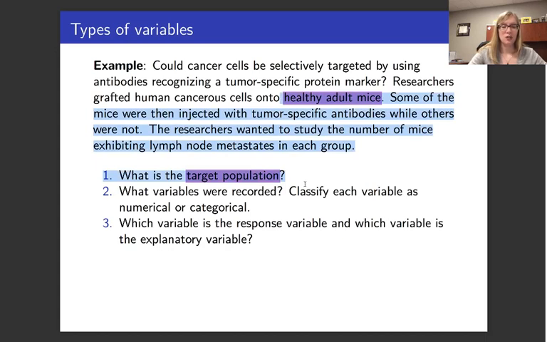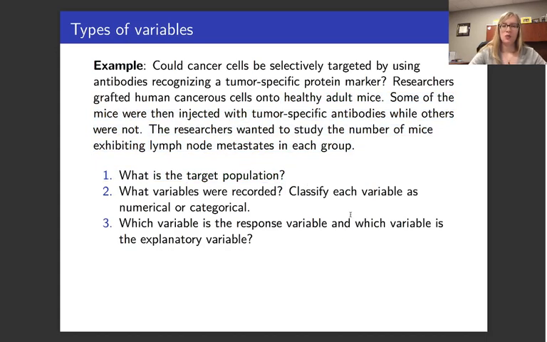Variables that were recorded. We've got a few things. We're recording whether or not the mice were injected with the tumor-specific antibodies. Some were, some weren't. We are also recording the number of mice exhibiting lymph node metastasis, exhibiting cancer signs, in each group.